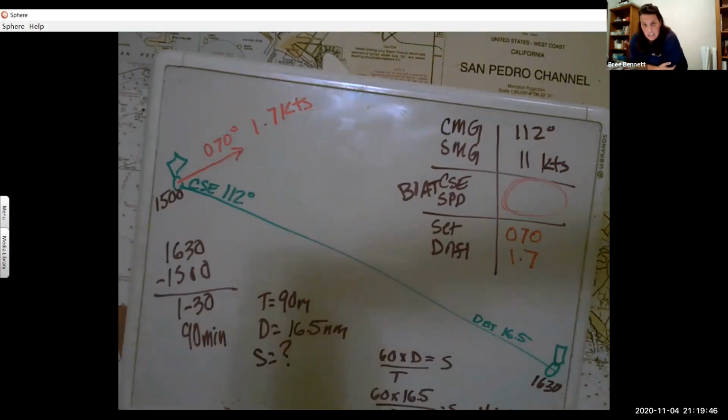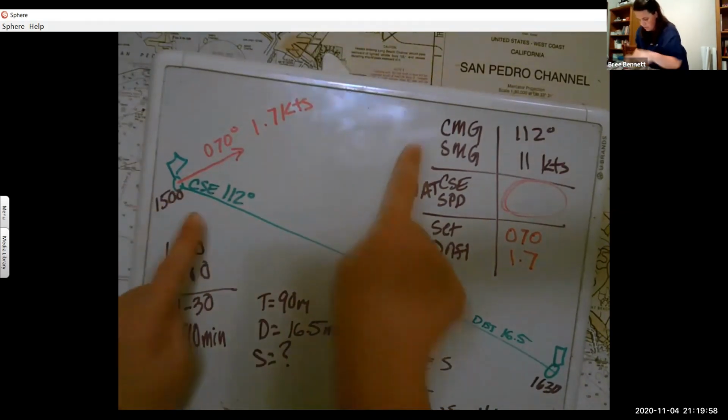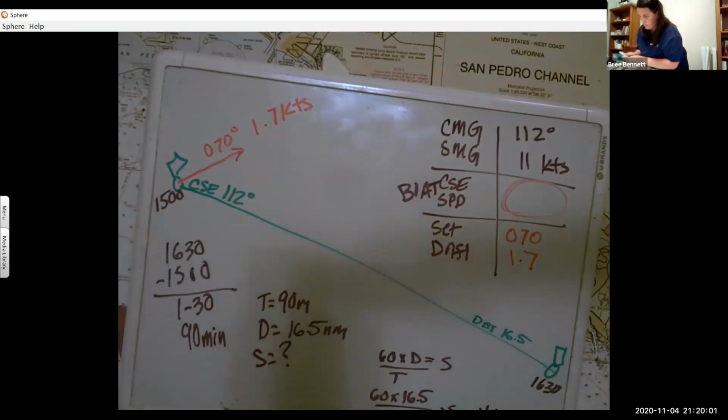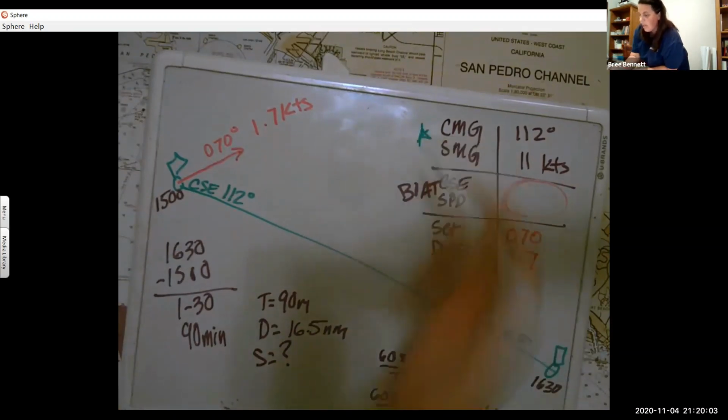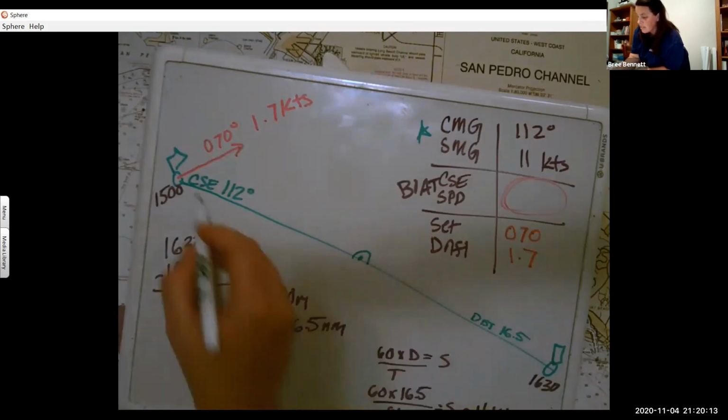So I'm just going to try to shorten it up and make it an hour triangle vector. So how I do that is I have my angle for my course made good, right? This guy. I'm going to plot a DR, I guess it's a DR for 11 knots.